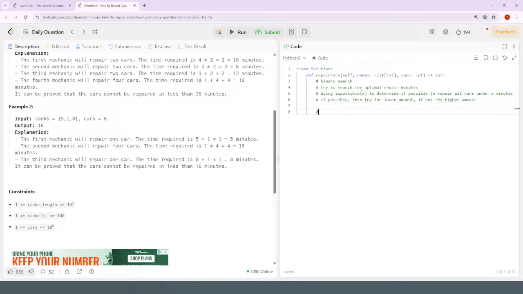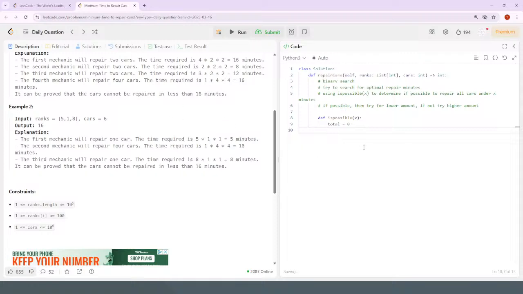Okay, so let's define the is-possible method. Let's go for X minutes. And this is just going to be the total amount of cars that is done when it's trying for this.